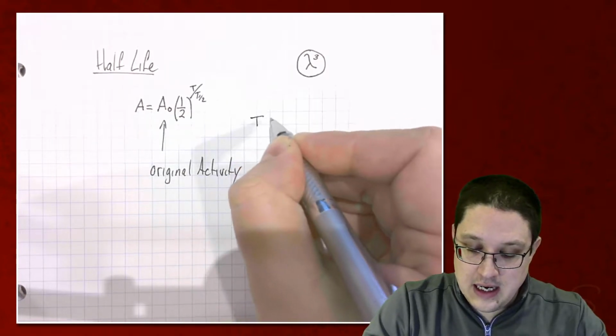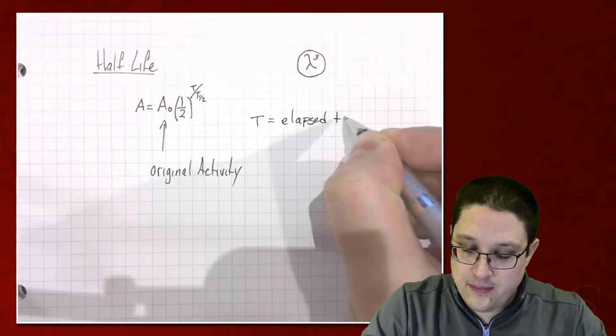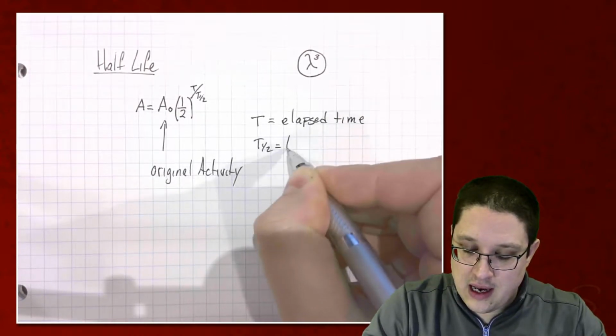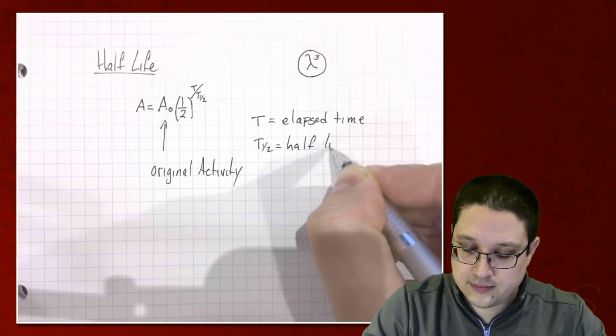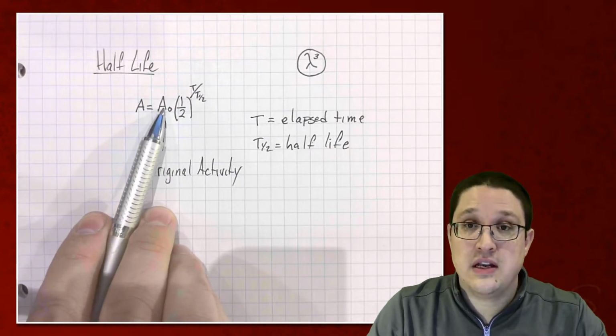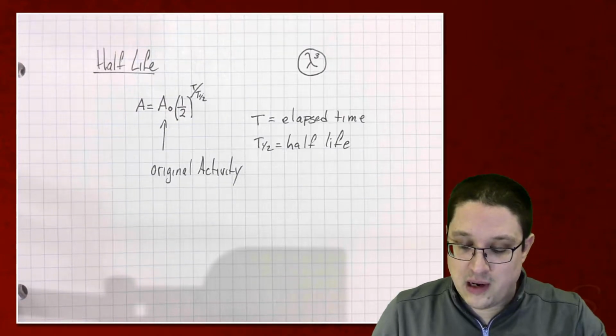So T is the elapsed time, and T half is my half-life. So this is the original activity times 1/2 to the power of the elapsed time divided by T half.